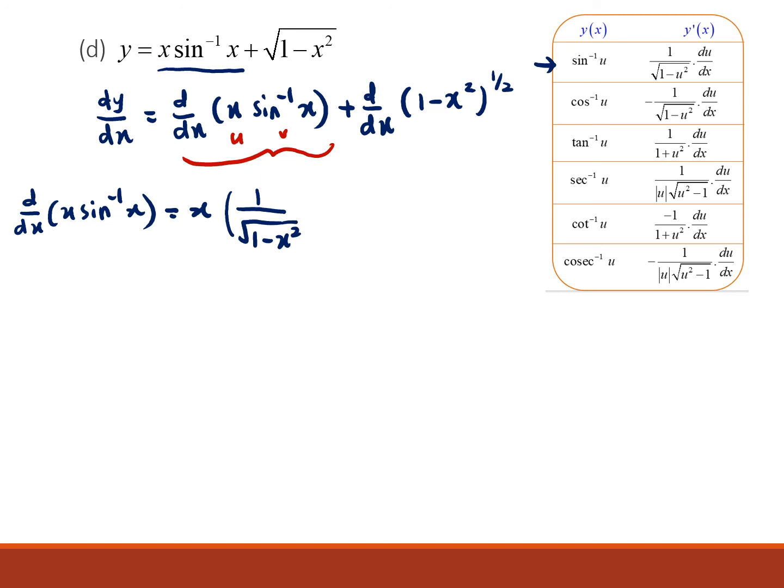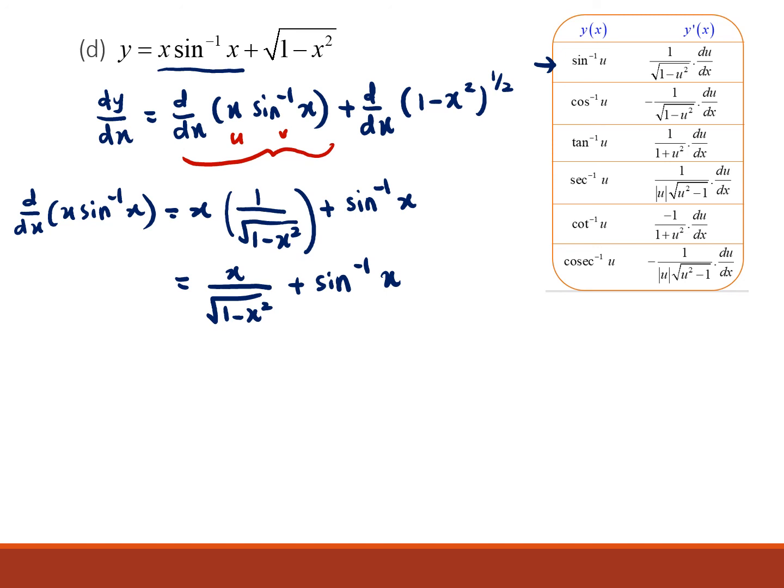And then the derivative of x would be equal to 1, plus v du over dx. So dx over dx would be 1. So this would be our answer for the derivative of x times arcsine of x. So simplifying this, it would be x over the square root of 1 minus x squared plus arcsine of x. So now we have solved the first term.